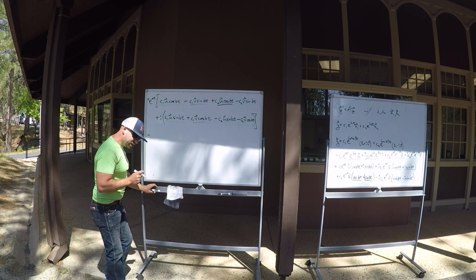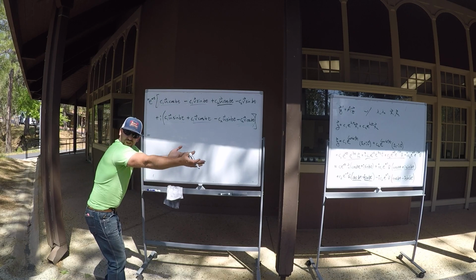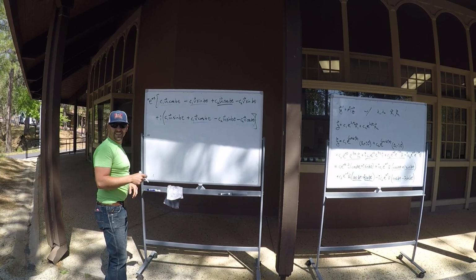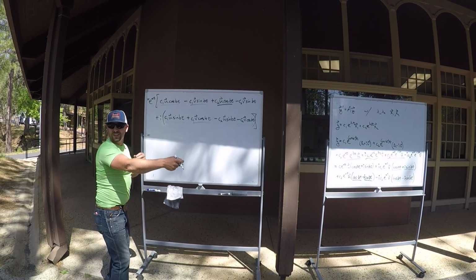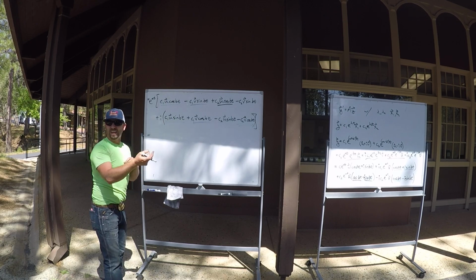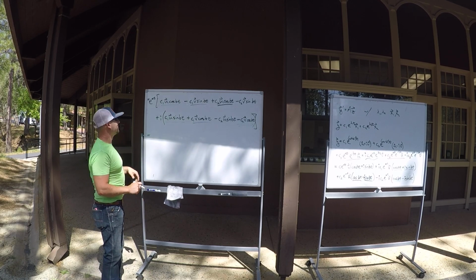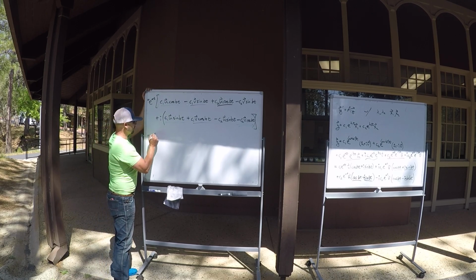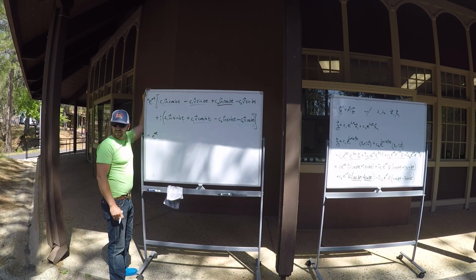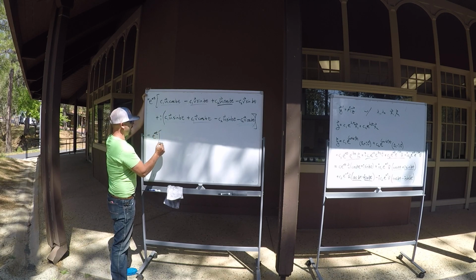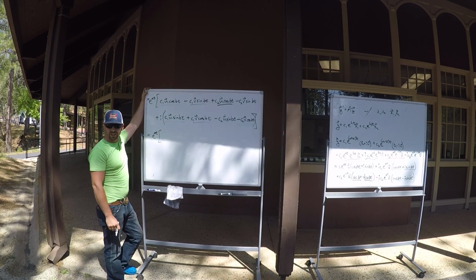So we did this one, right? We distributed a bunch. Let's see if we can factor some stuff. So I've got an e to the at times this whole thing, and I'm going to keep an e to the at times the whole thing.